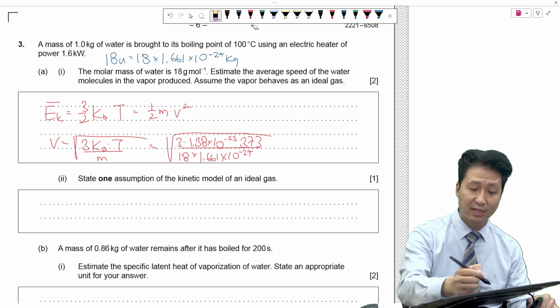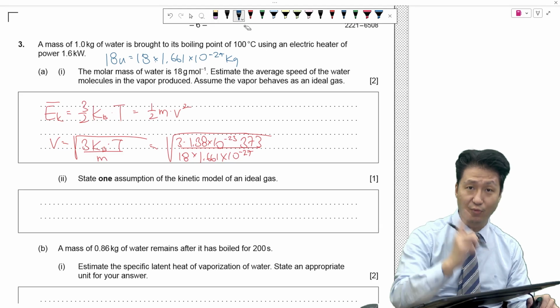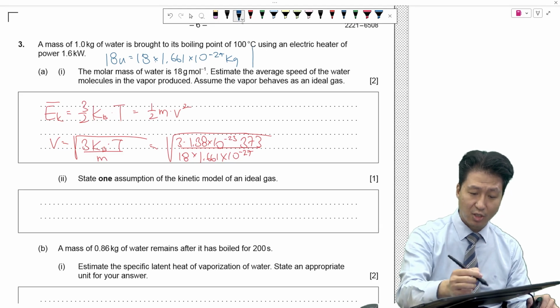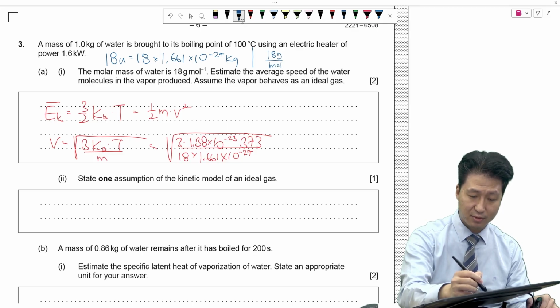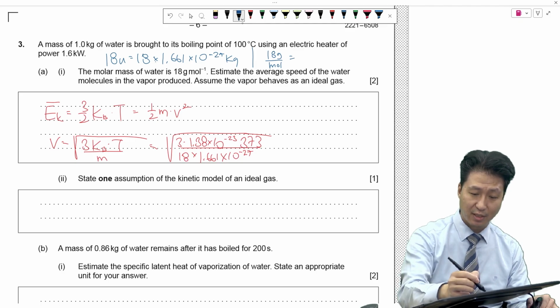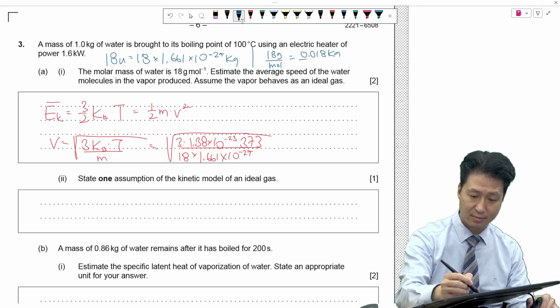Another way to find the mass of one molecule would be to use the fact that it's 18 grams per mole. 18 grams is 0.018 kilograms.